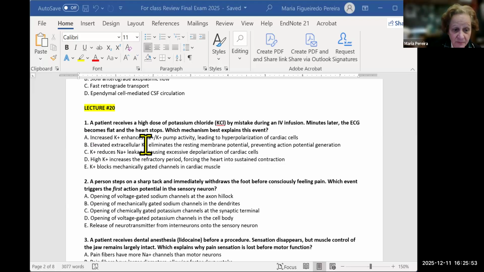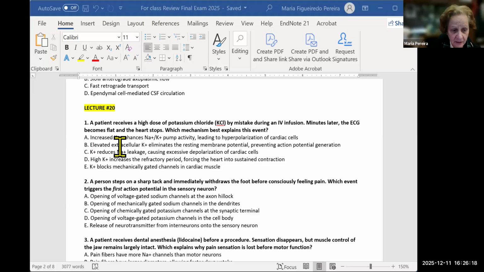So the correct answer is B, because remember, you have more potassium inside the cell than outside. That differential distribution gives you the resting membrane potential, which in the neurons is minus 70 millivolts. If you have too much potassium on the outside, then there's no resting membrane potential.